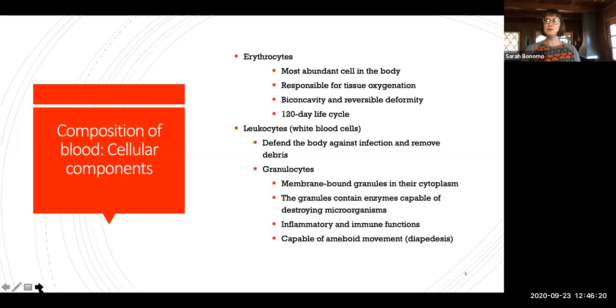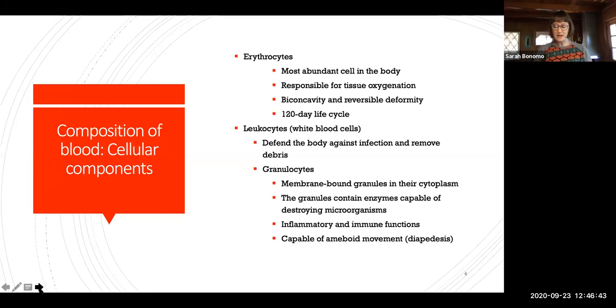All right, and then we've got leukocytes. So these are the white blood cells. And we've already talked about how these cells are a huge component of our body's defenses against infection, as well as leukocytes have a place in removing debris when we do break down either antigens or our own cells that have lived out their life cycle.